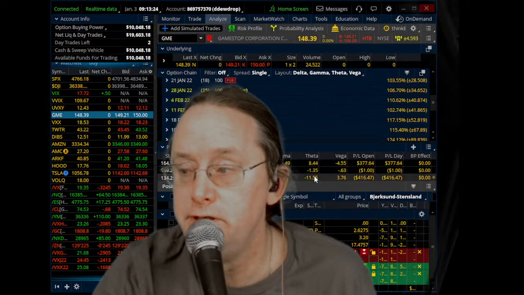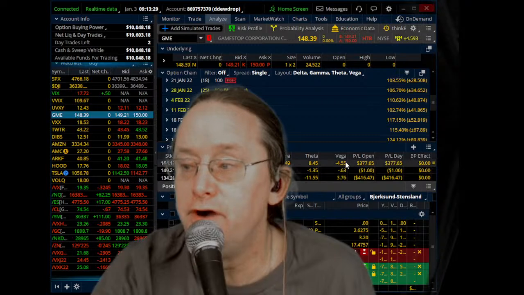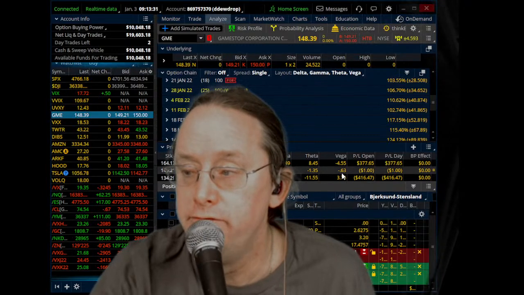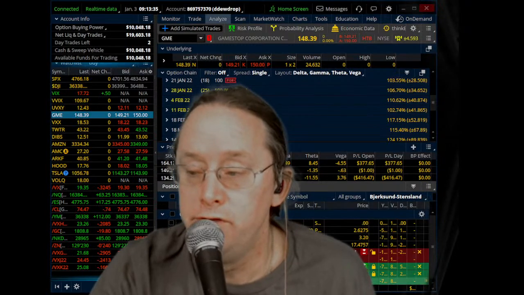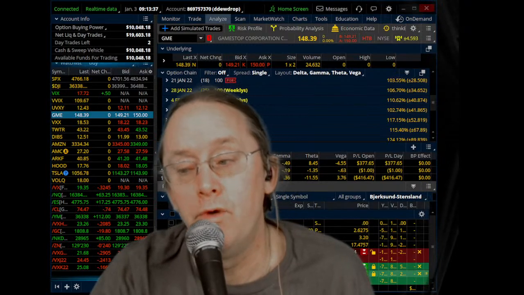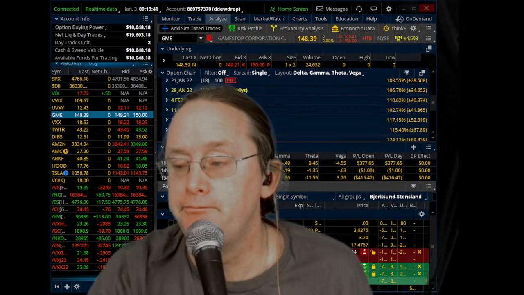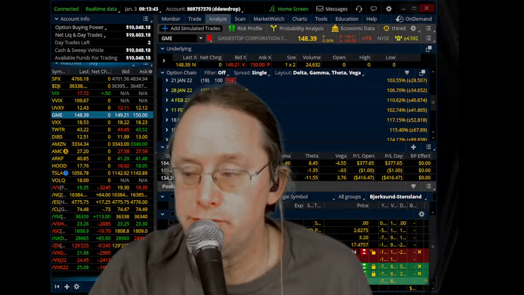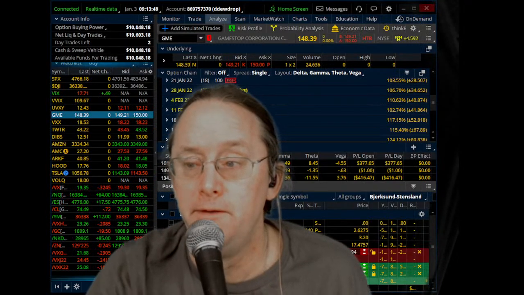Buying two call spreads, it only decays by $1 a day, much better. Also, volatility-wise, it's showing vega of just 0.63 cents. So when you buy a spread, one option is offsetting the other. So yes, you own one option, but you're also short one. So it hedges itself volatility-wise.